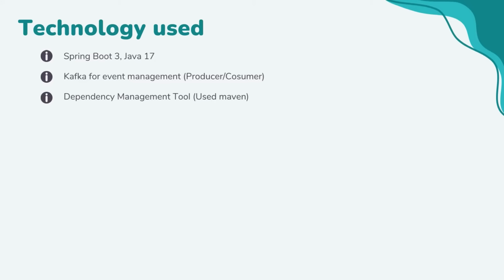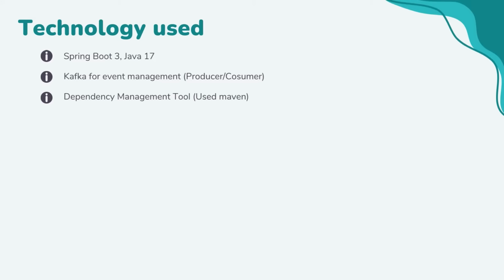For example, if any customer wants to place an order, it will call the orders API, place the order, and push the data into Kafka, and the other microservices read data from Kafka: payment, then from payment to stock, then from stock to delivery. Those things will be managed by pushing data into Kafka.